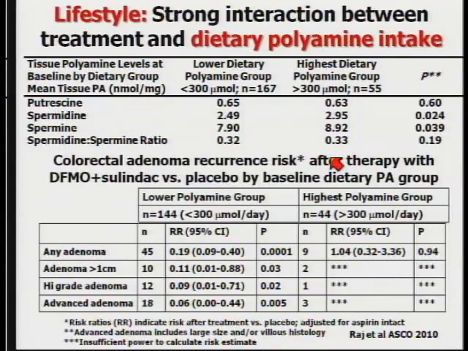Without any dietary communication with the patients, simply asking them what they ate, they are divided into the lowest 3/4 or the highest quartile of polyamine consumption. And you can see that the people who consumed the highest polyamine levels had statistically significantly elevated levels of polyamines in their rectal mucosa, just like in our mouse studies.